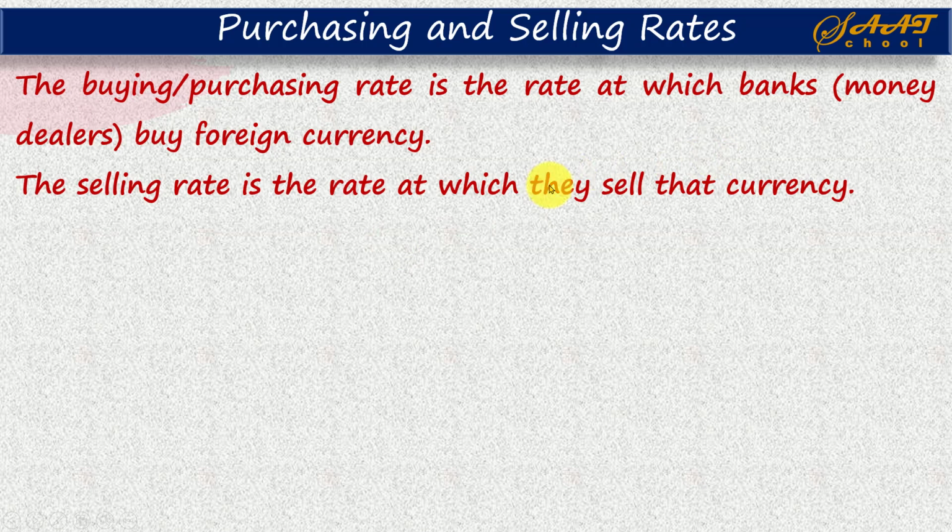Now here are some of the terms used in money exchange, like purchasing or buying rates as well as selling rates. The purchasing or buying rate is the rate at which banks or money dealers, or you can say exchange counters, buy foreign currency.